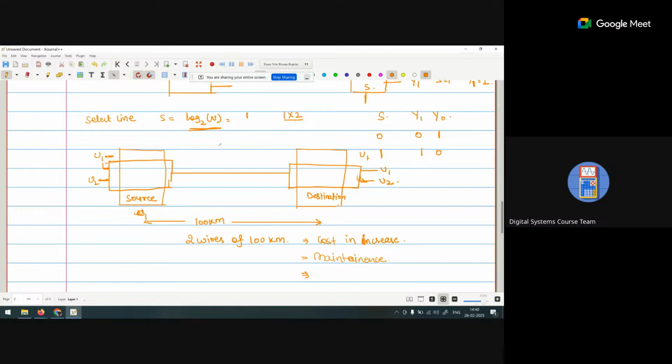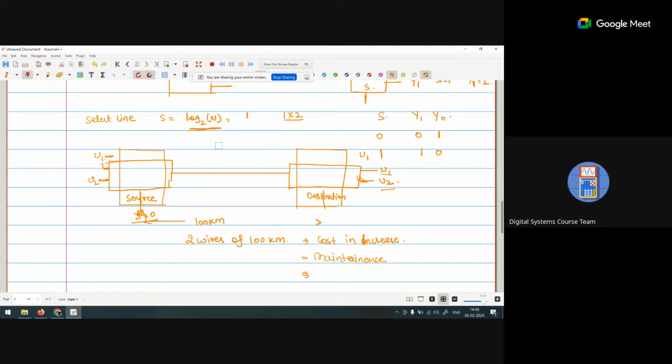But when we transmit the data with the select line, what is the value of the select line? If the select line is 0, then u1 data will be transmitted to u1. If s is equal to 1, then the data is received at u2. That is the processing part.